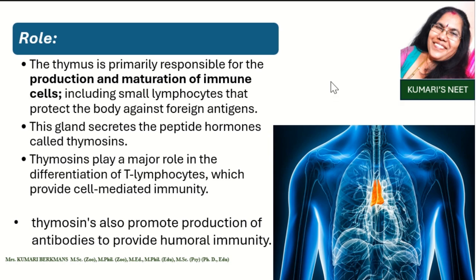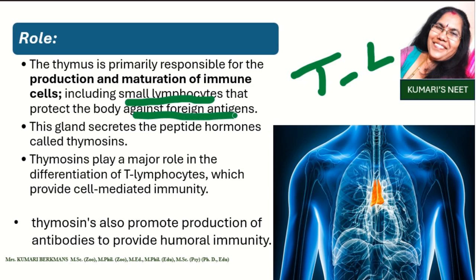I told you about the T cells. T cells, lymphocytes. Okay, T lymphocytes, those cells are produced by this thymus gland only. The small lymphocytes, these cells protect our body against foreign antigens.